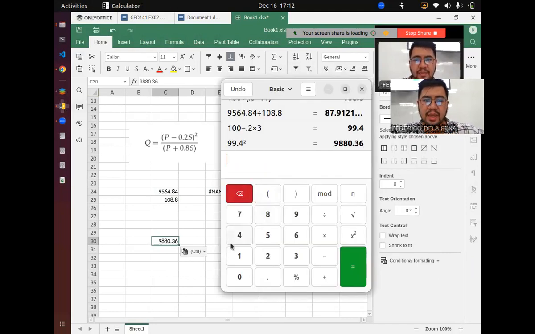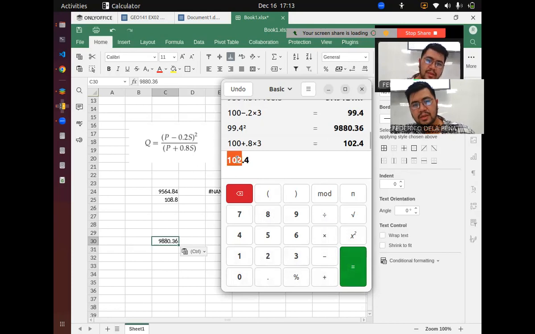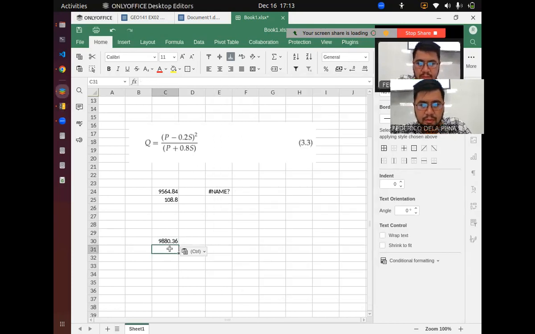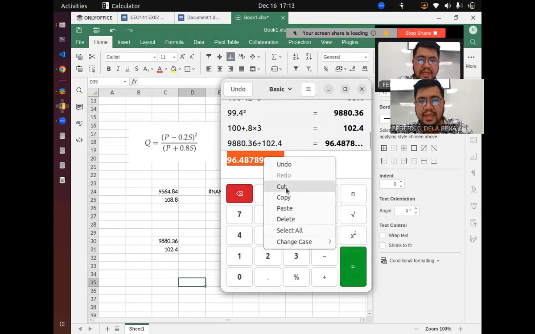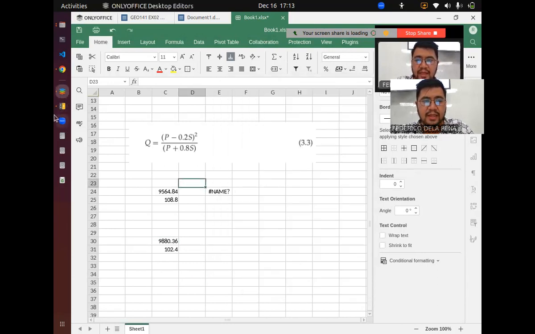And the denominator is 100 plus 0.8 times 3, which is 102.4. That gives you 9,880 divided by 102.4, and you get 96.48.